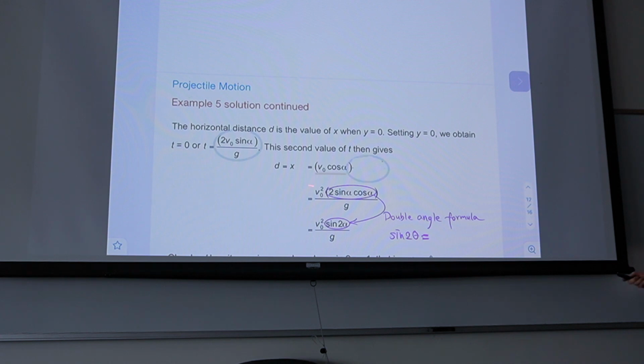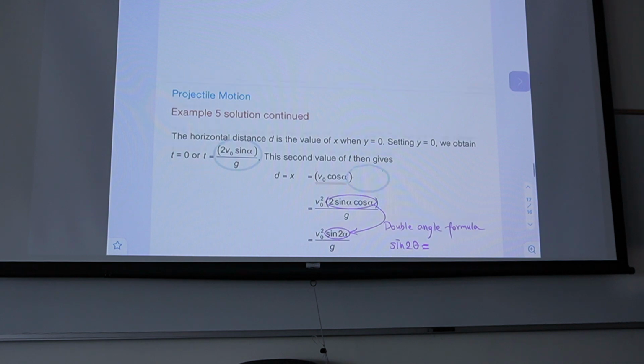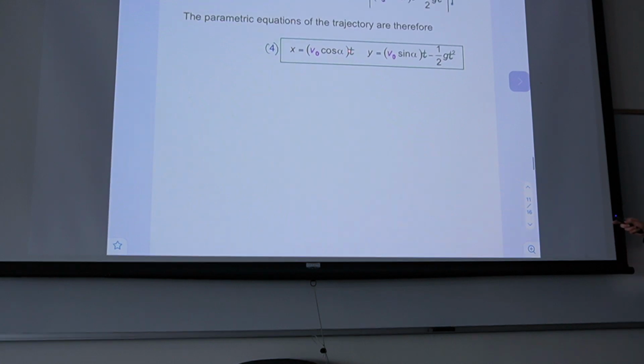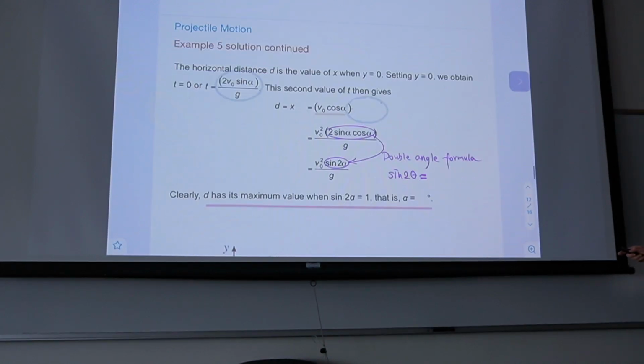The distance is equal to the x coordinate at that time. So how do you find that? Well, you can just substitute t equal to this into this one. To find the x coordinate at that time, I just substitute t over here into the parametric equation for the x component.